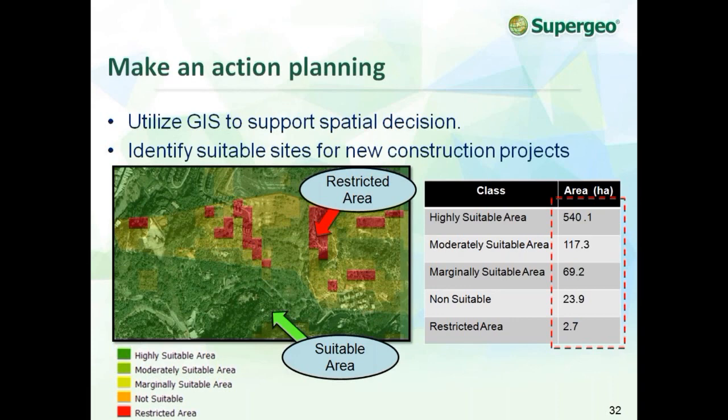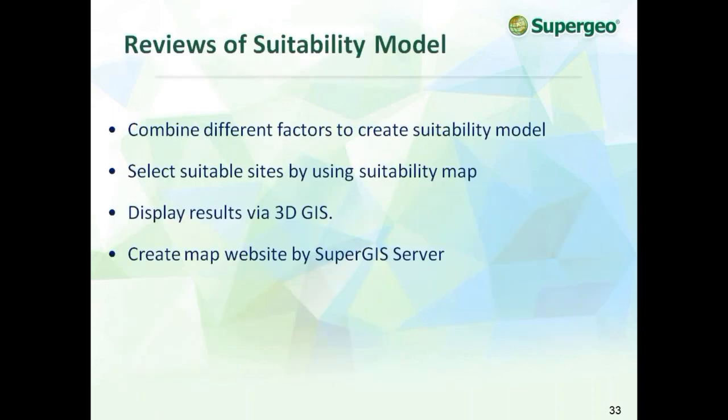Okay, thank you, Chris. Here is Eugene again. In this final slide, let me quickly review some key points from today's webinar. First, we learned a commonly used suitability model, which is called EIA, and the detailed workflow of this model. Second, we demonstrated a real case of selecting a golf course by conducting a suitability analysis with SuperGIS Desktop.